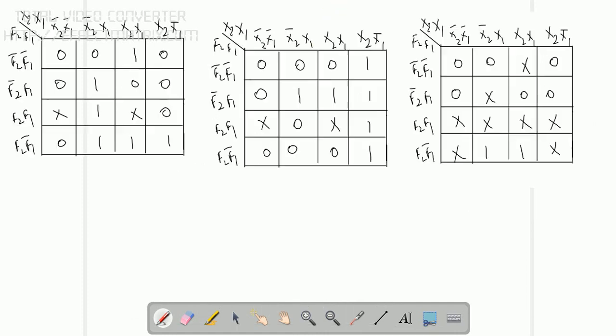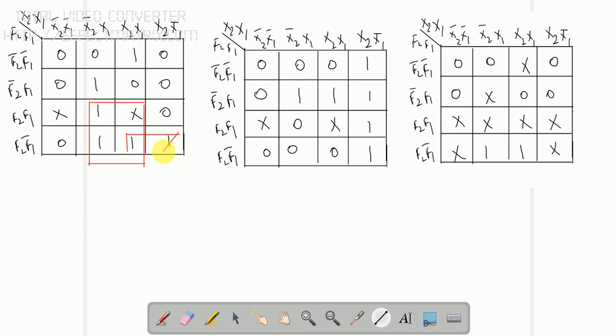So next I'm going to do the pairing. So how to do the pairing? I'm going to highlight this. So this x1, x1, 1 1, here 1 1 we have. So this is taken as one quad, and this is taken as one pair.